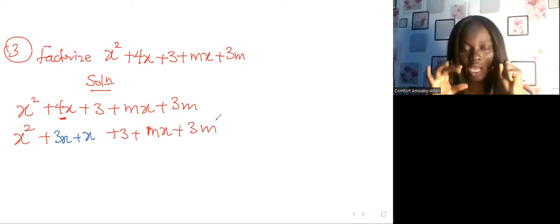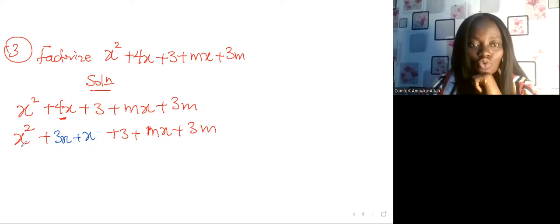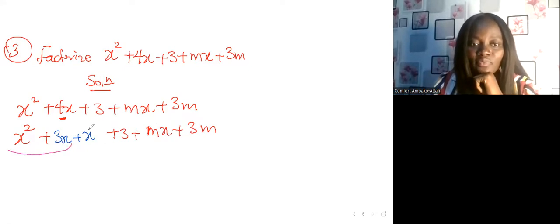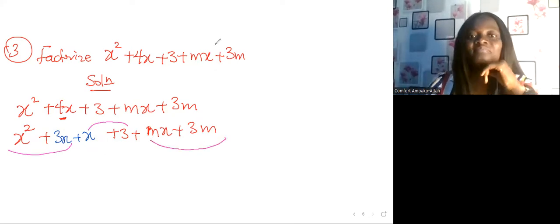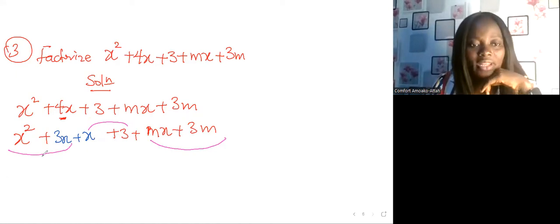Now we can factorize out. Pick them two by two. So it means that we are going to pick this and this, factorize out, pick this and this, and factorize out, and you are done. What is the common factor here? We have x over here.